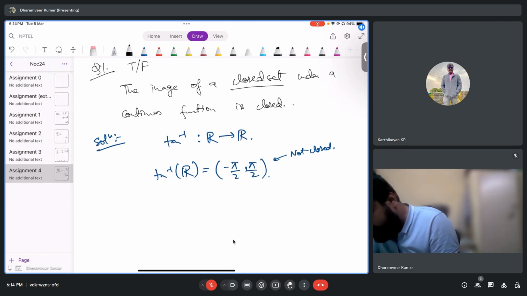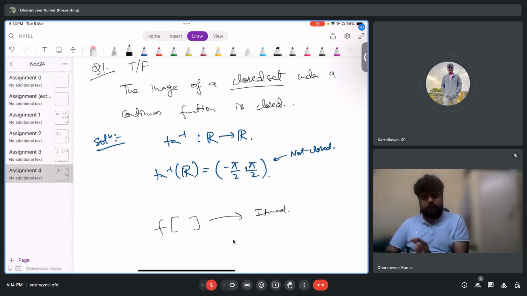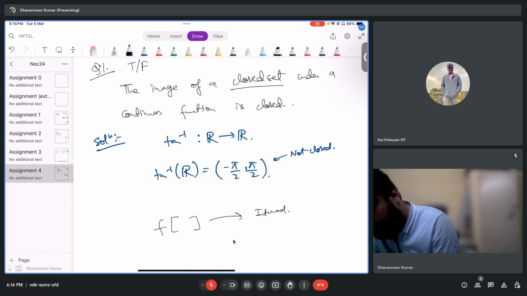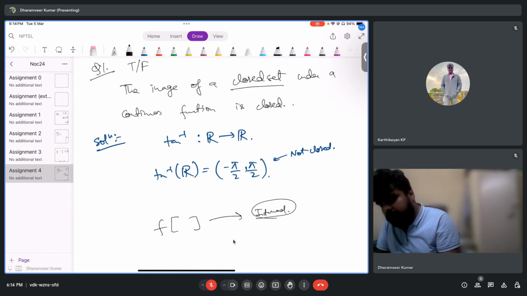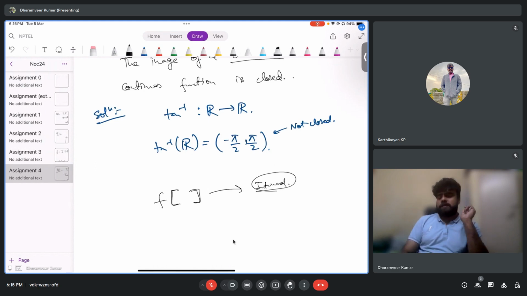If you have F of an interval, this will give you an interval, right? Now, if this is a closed interval, this is some interval.